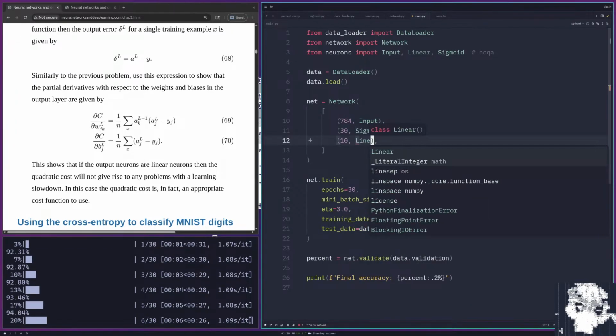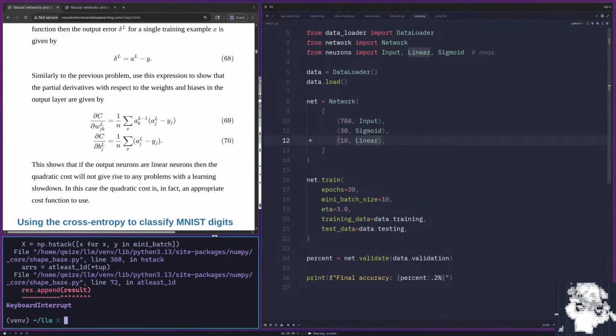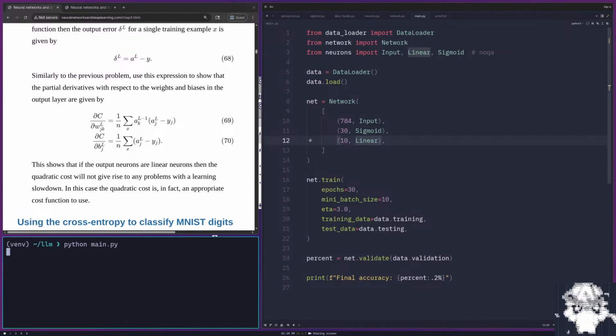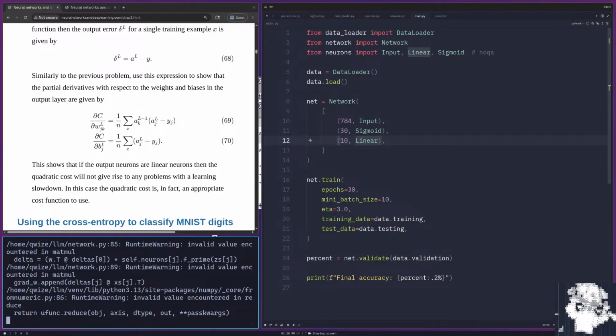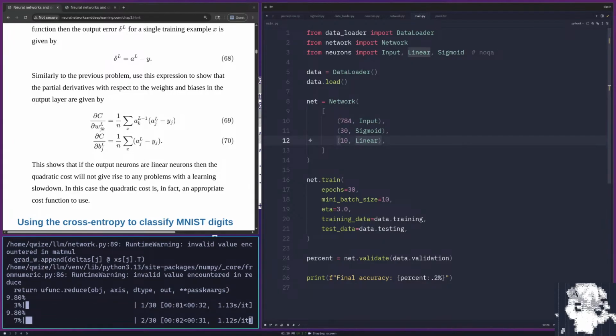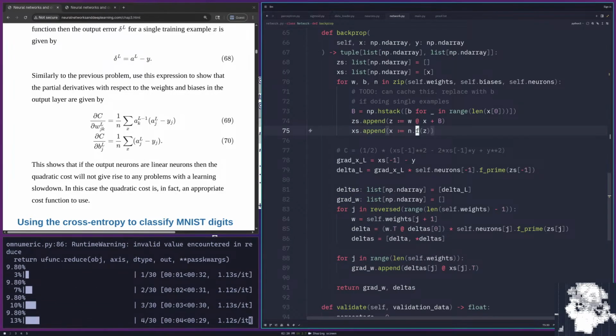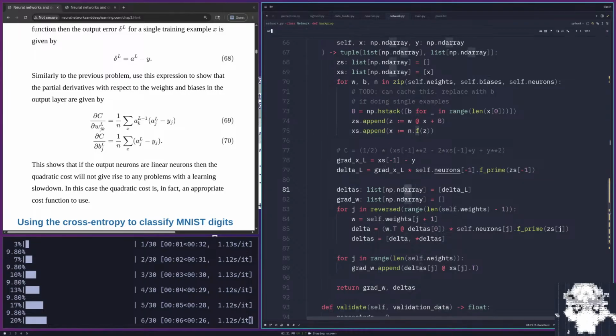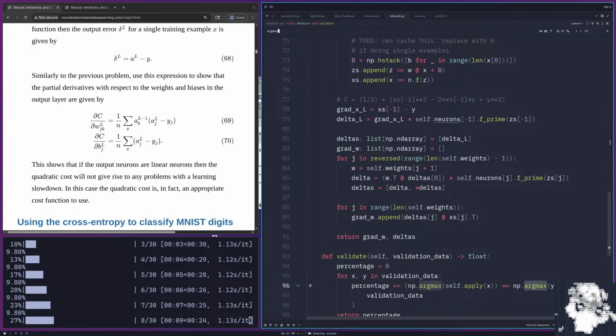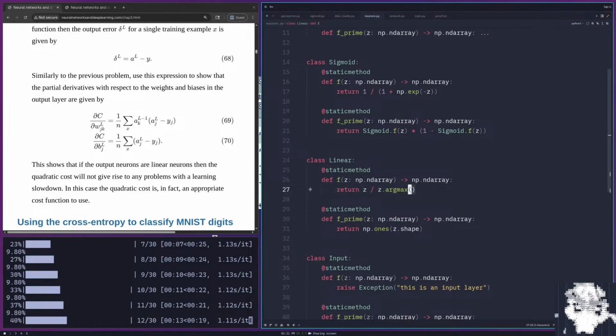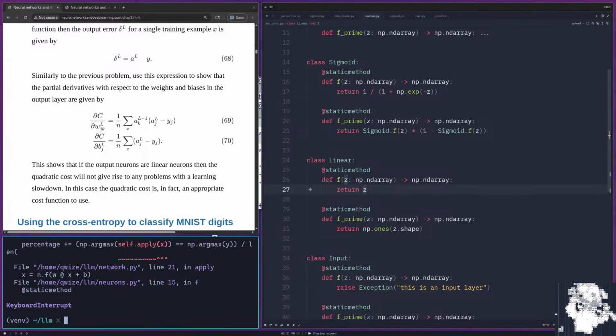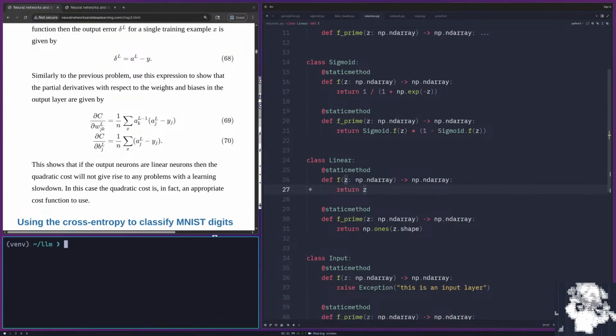I'm not using the linear neurons. No, that doesn't work. Okay, I don't know yet. We'll have to come back to that.